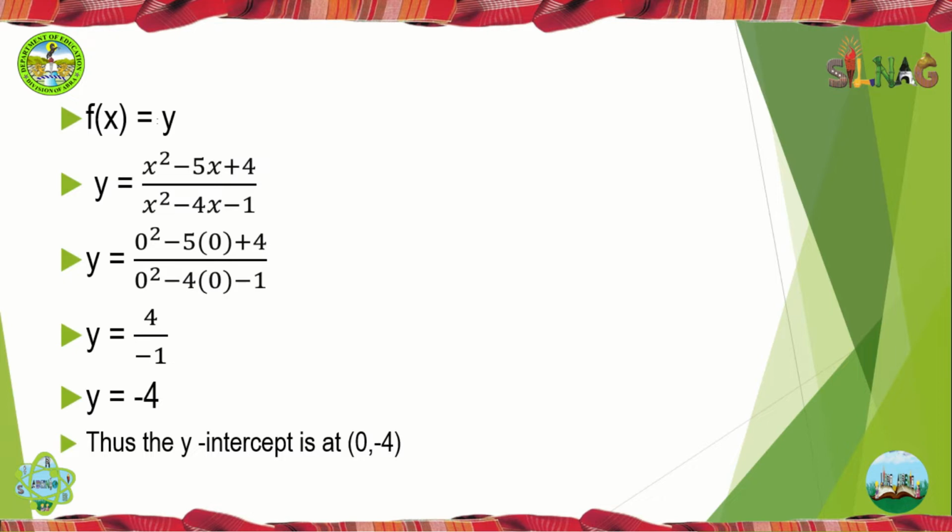Then we simplify the right side. 0 minus 0 plus 4 is equal to 4 over 0 minus 0 minus 1 is equal to negative 1. Then 4 divided by negative 1 is negative 4. So thus the y-intercept is at 0, negative 4.